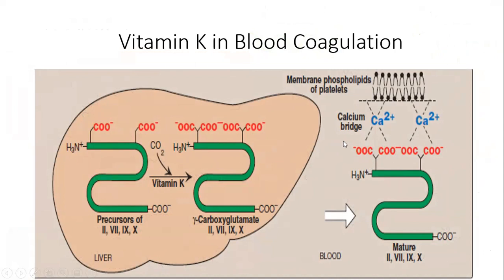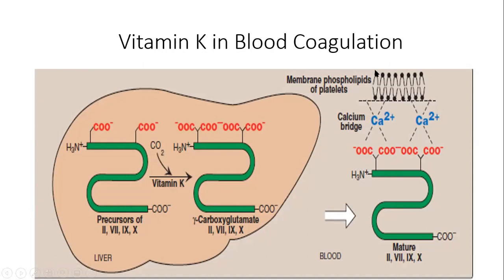That would then serve as a binding site for calcium. Calcium is a positively charged molecule, so it would associate itself or bond with the carboxylate ion from the vitamin K dependent clotting factors or activated clotting factors. And it would also associate with the membrane phospholipids.